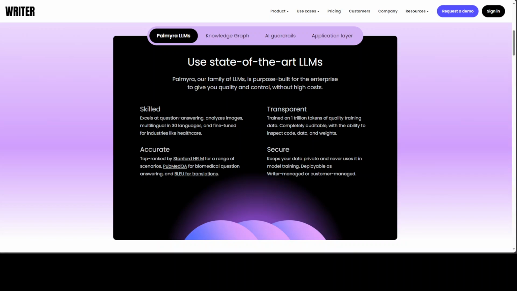I have also tried to search their website for more information on the inner workings of these Palmyra models, but as they are proprietary, there is very little information available. But whatever I have gleaned is that both Palmyra X V2 and X V3 have been developed by Writer.